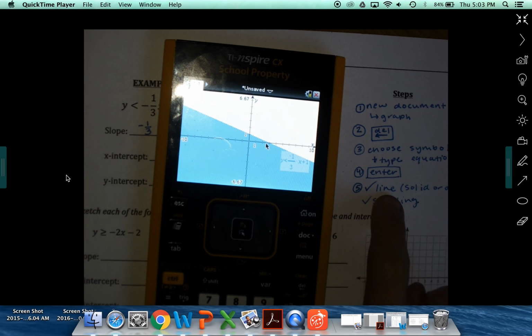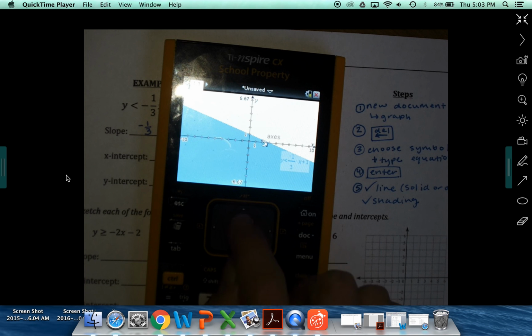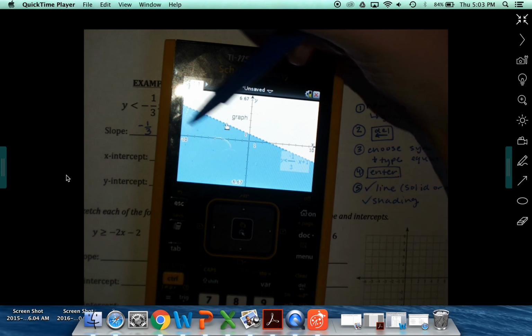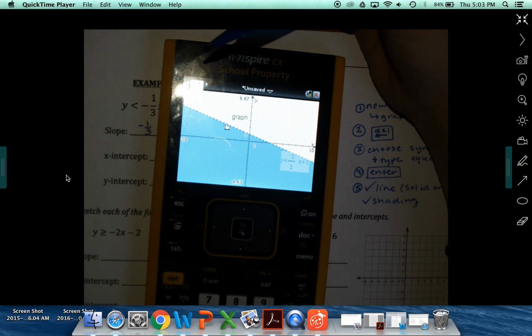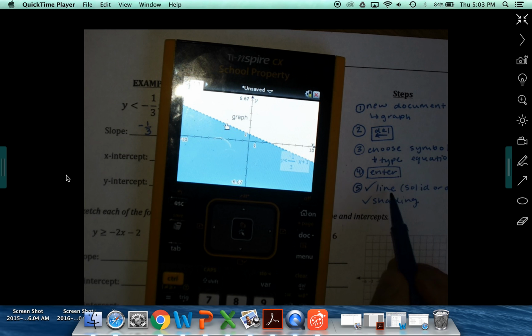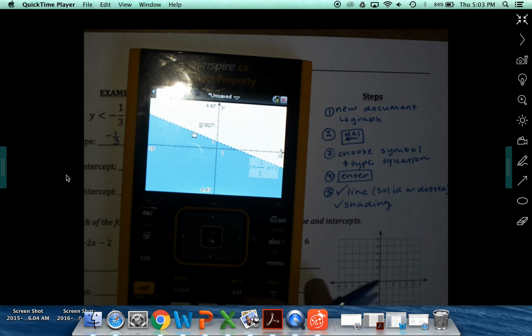To check the line, you can just move your little arrow around until it hits the line, and you can see the little hand pops up. Notice this line is dotted. So we checked our line, it is dotted, and the shading is below.